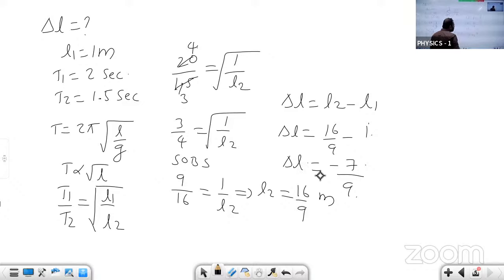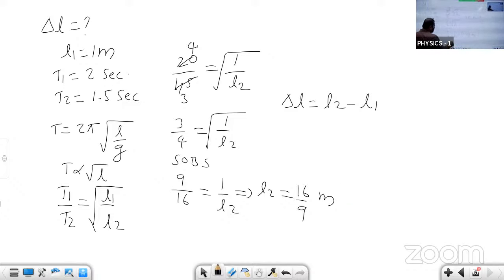Delta L equals minus 7/9. Wait, one second. 9 by 16 equals 1 by L2, L2 is equal to 16/9. Correct all. L2 is equal to 16/9.